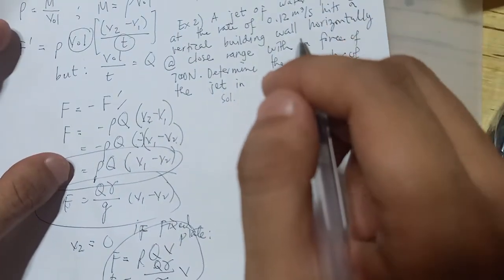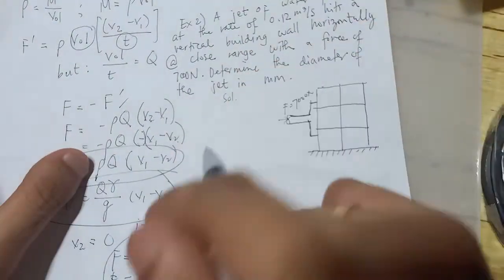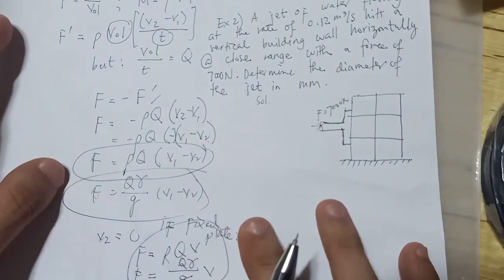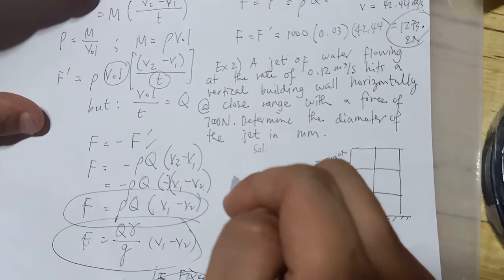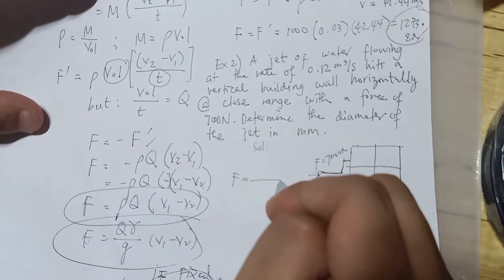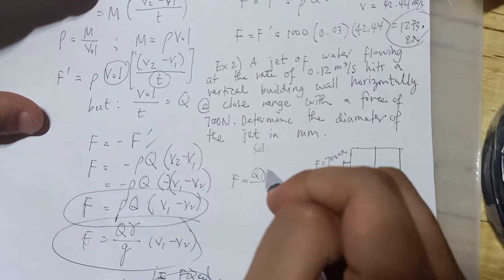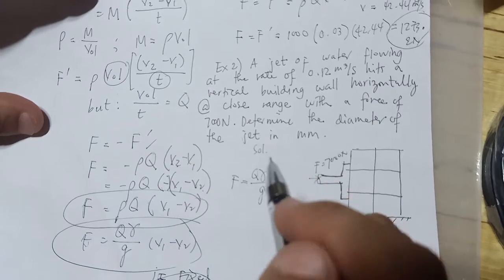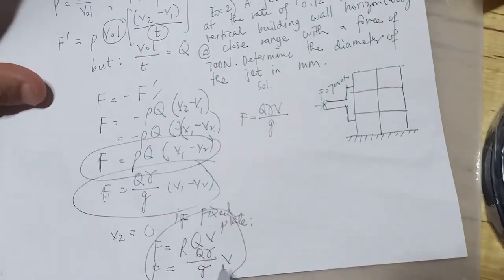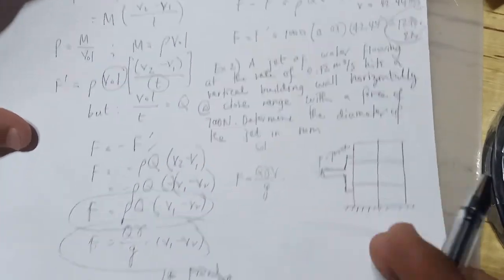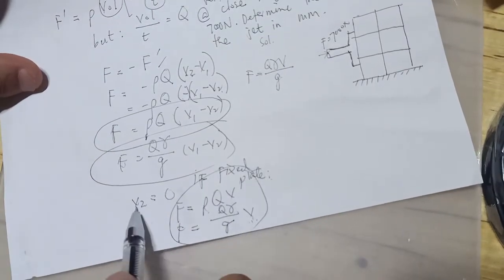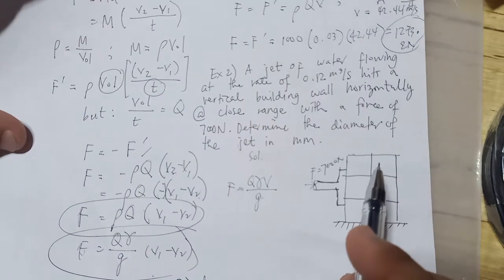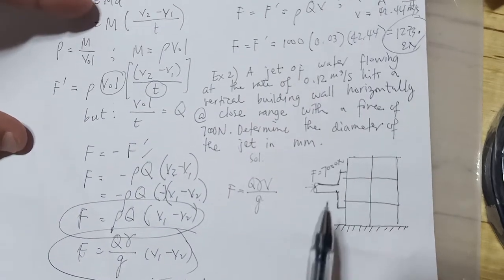So we are only focused with the diameter sa jet. So we are using F equals discharge times unit weight times V over G, no? From this formula. Again, if there is a fixed plate, there is no velocity 2 or final velocity.